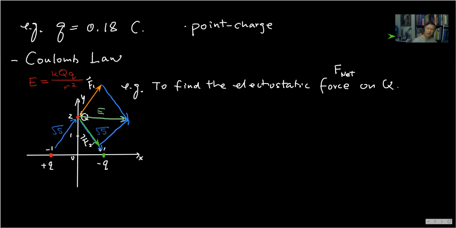How can we find the force? The net force will be the vector sum of these two. So be careful, you have to work out F1 and F2 separately first. Not just the magnitude, but also the direction matters.